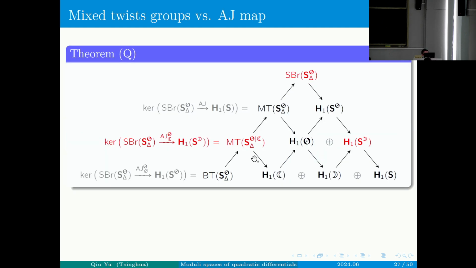And the theorem says that the kernel of the AJ map is precisely the mixed twist group, where if you want to map to this surface with right moon, where you forget about the left moon, then the left moon appears in the kernel, so in the generators of the mixed twist group.